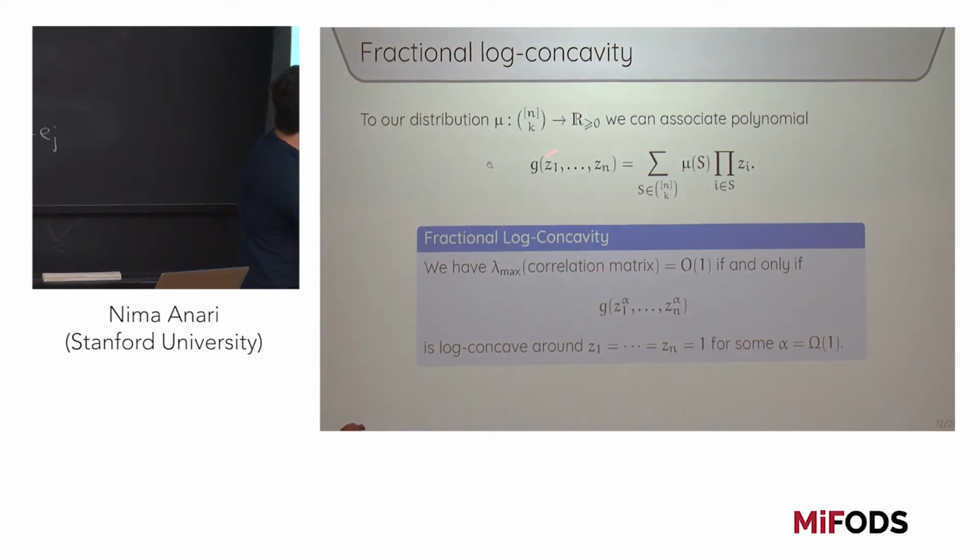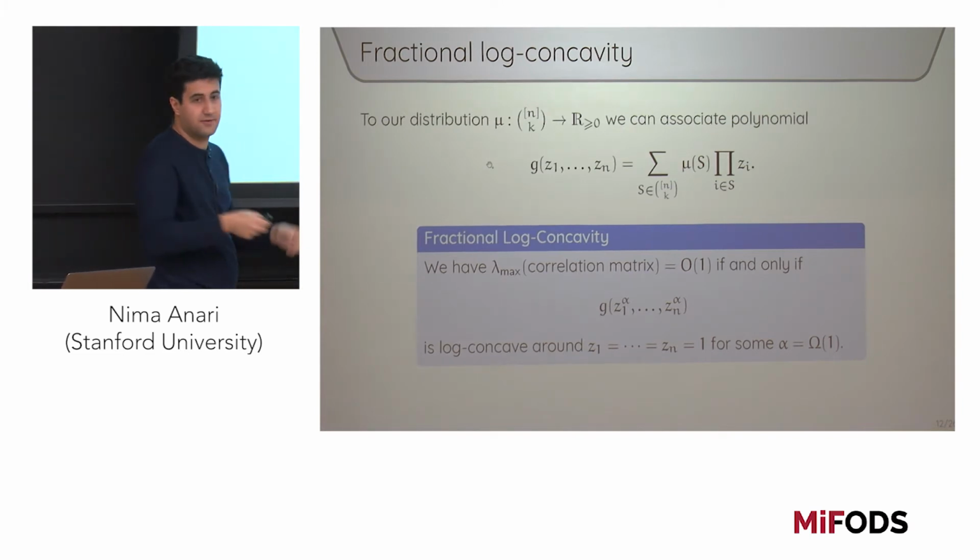So Cynthia was working with polynomials that encode your distribution. For each subset of size k, you have a value of your distribution, or the PDF of your distribution. You can multiply it by variables corresponding to the set, and sum this over all sets. You get a generating polynomial. Log-concavity of this polynomial was the theme of the previous talk. Fractional log-concavity is basically the theme of this talk.